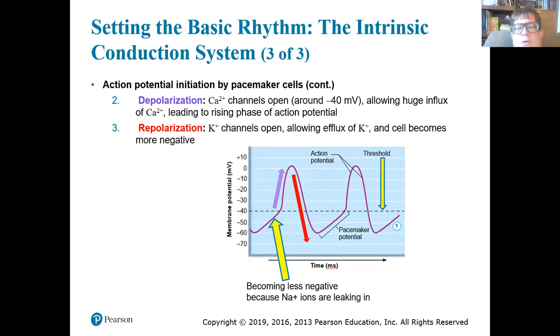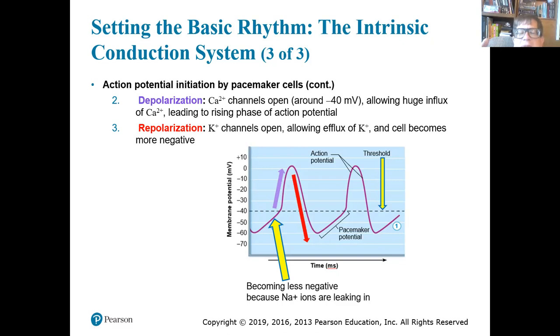When those channels open, you're going to have a huge rush. Well, what happens at the threshold when you get this negative 40? You open up fast channels, but in nerves, remember, we were opening up sodium channels. Now we're opening up calcium channels.